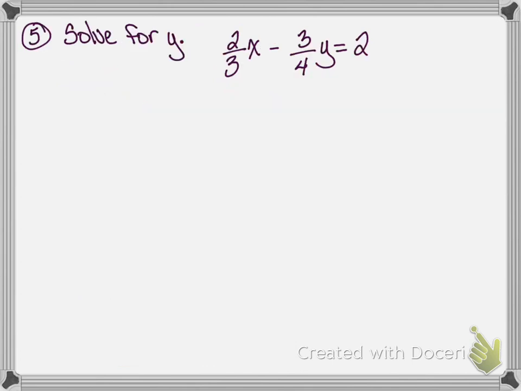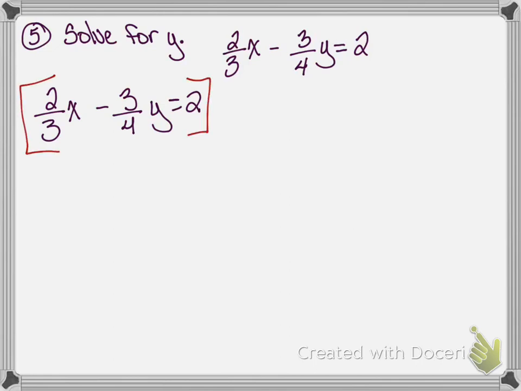Number 5 is asking us to solve for y. So I have 2 over 3x minus 3 over 4y equals 2. Now, the way that I solved this is I multiplied everything by its LCD. My LCD is going to be 12 because that 2 is over 1. So I'm multiplying everything by 12. So I have 12 over 1 times 2/3 x.